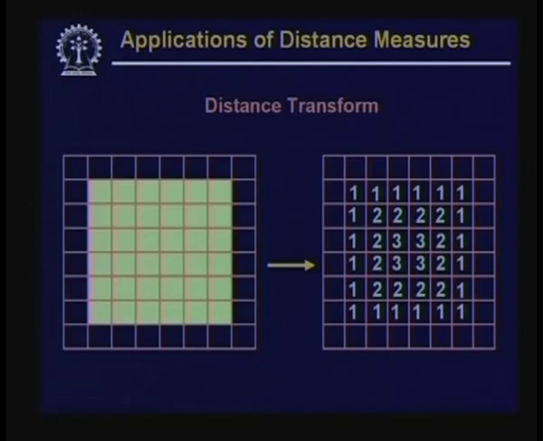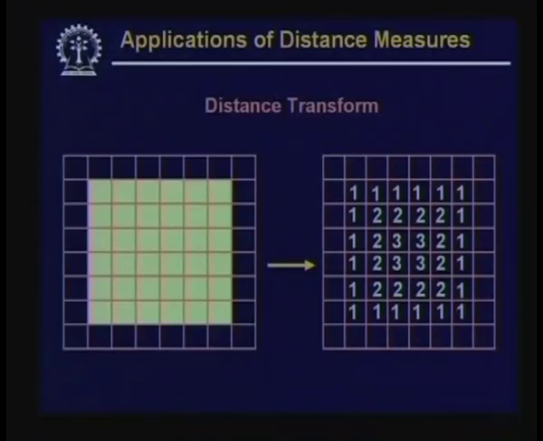So, let us see what this distance transform means. Here we have shown a binary image where the foreground region is a rectangular region, and the distance transformed image is shown on the right hand side. All the boundary points get a distance value equal to 1.